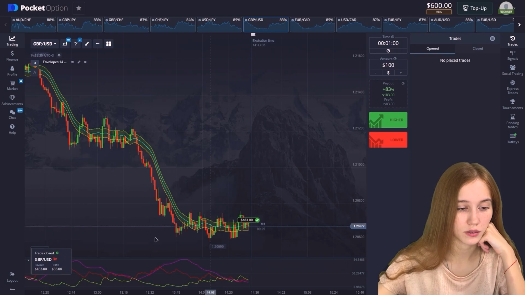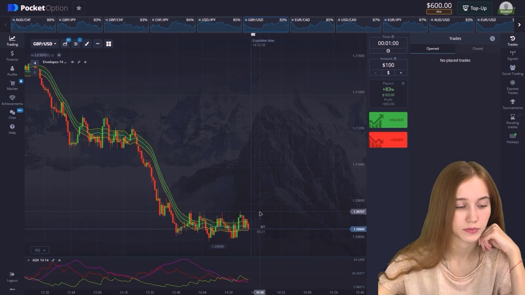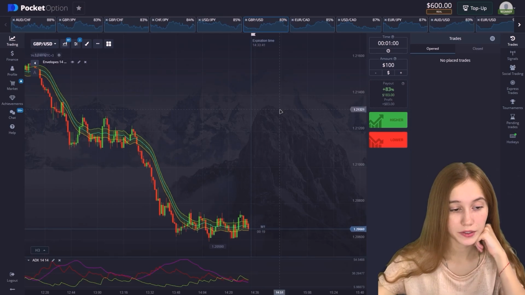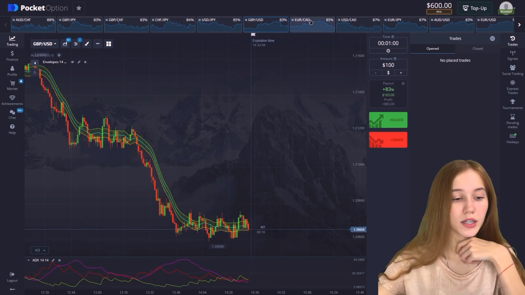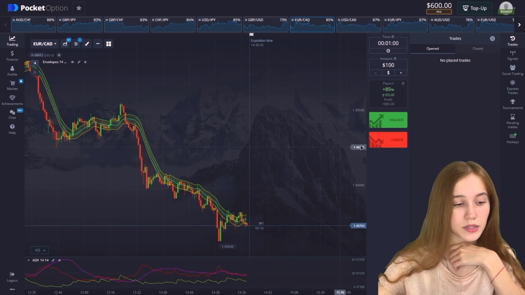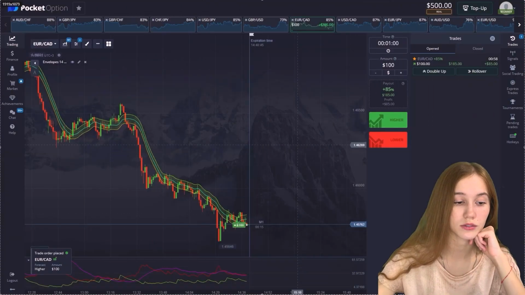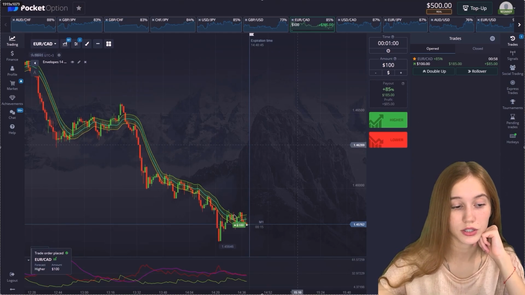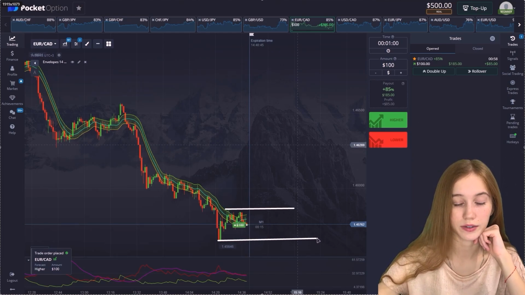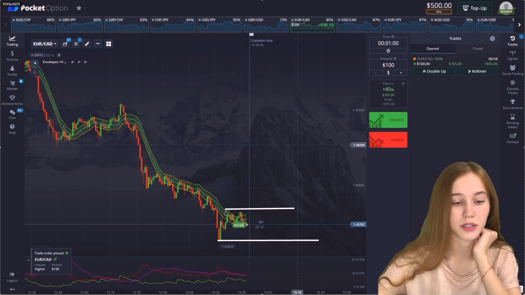We'll open the next concept. Well, open up here. Let's highlight the resistance area and the support area. We see that our resistance area has turned into consolidation, and this consolidation was in the resistance area. Let's start going up.